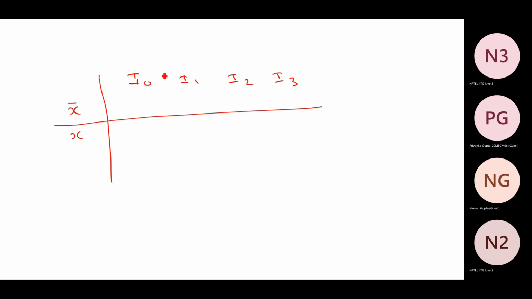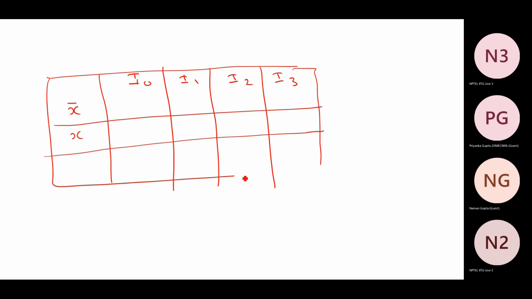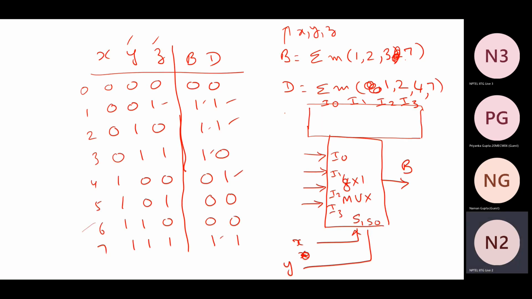So if you want to implement this one, I0, I1, I2, I3, then X bar, X. If you see in the previous one, here X is 0 in the first 4 min terms.